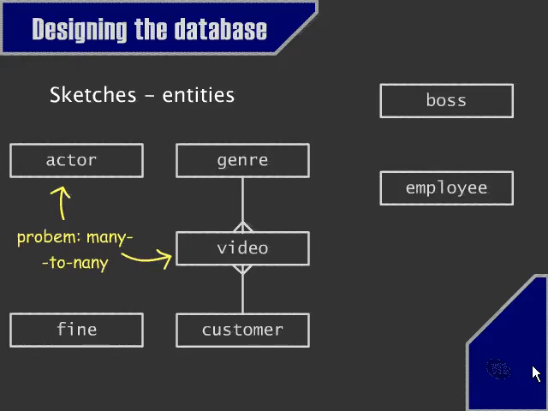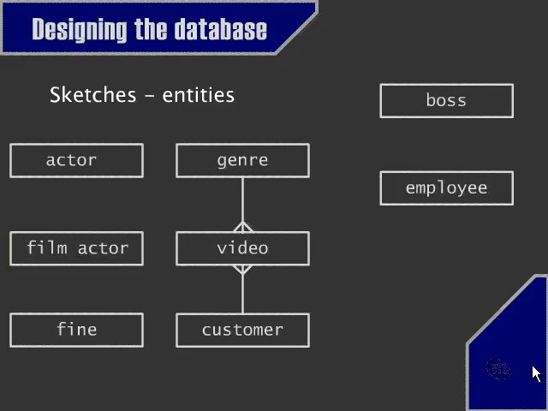So we could have, for example, an instance in which the same actor appears in different videos, but the same video also contains many actors. So we have a problem here with the structure.